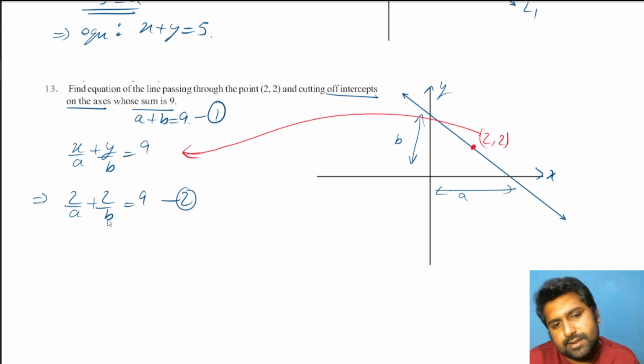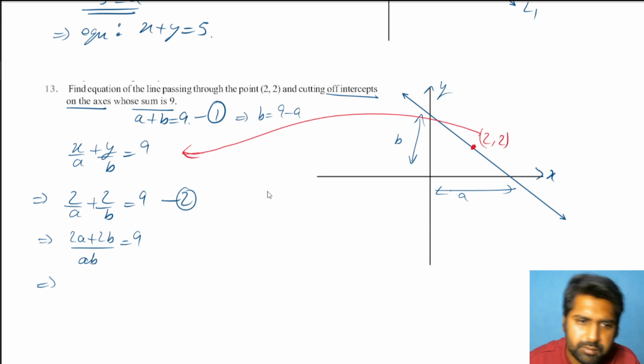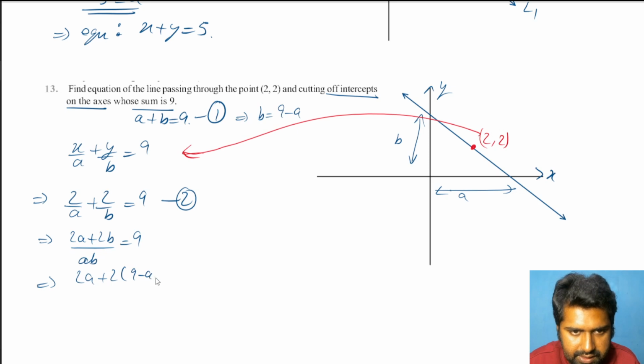Let's take the LCM first. LCM is ab, so that's 2a plus 2b upon ab equal to 9. Let's put the value of b as 9 minus a, replace it here. So 2a plus 2 times (9 minus a) upon a into (9 minus a) is equal to 9.